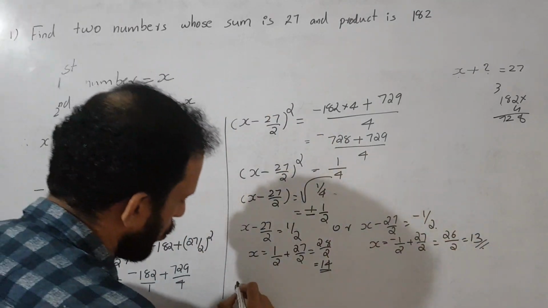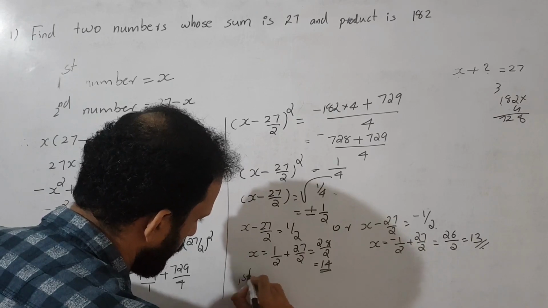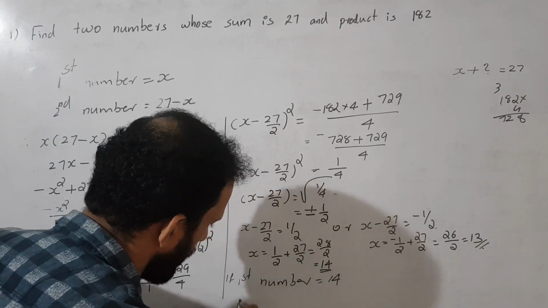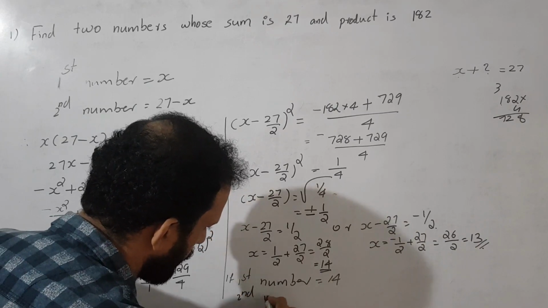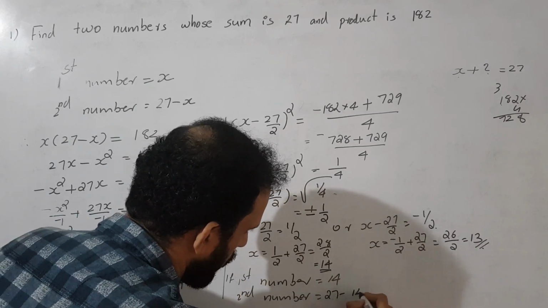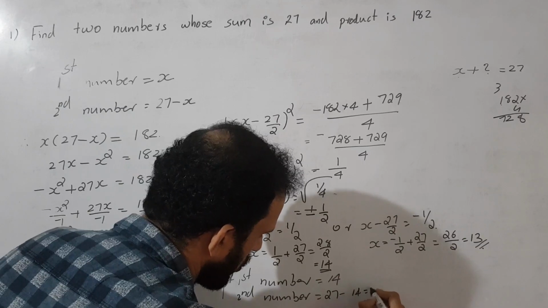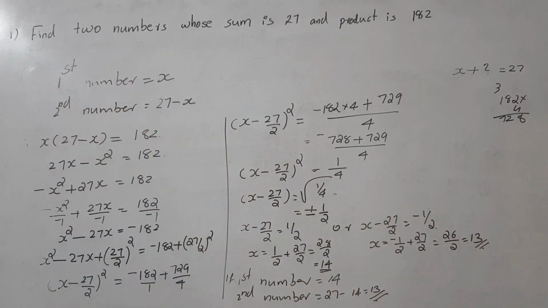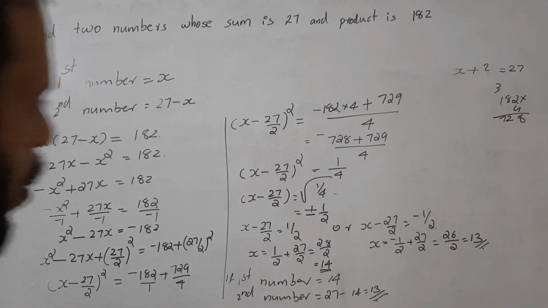Then we choose like this: first number is equal to 14, second number, 27 minus 14 is equal to 13. Correct? 27 minus 14 is equal to 13. Then otherwise, how to write?